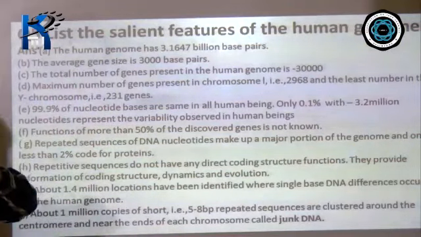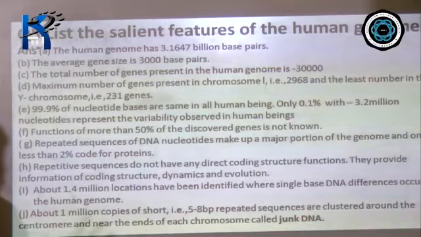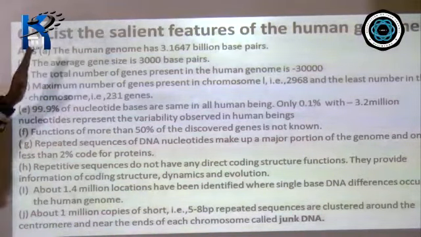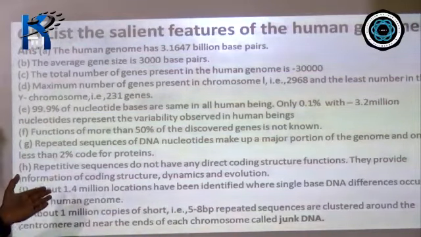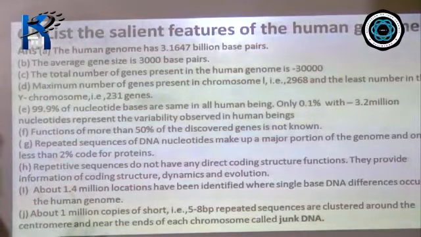Salient features means whichever characters or features are observable, that are observed by the researcher, those points you have to list down. It can be innumerable points, but whichever character was observed by the researcher, you have to write down.